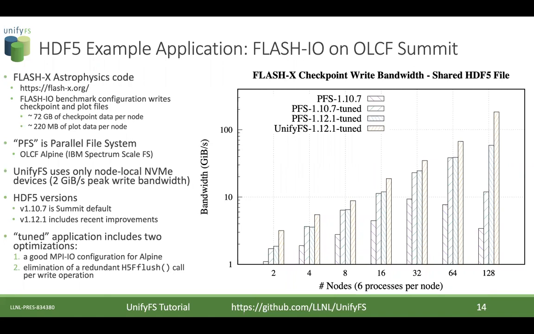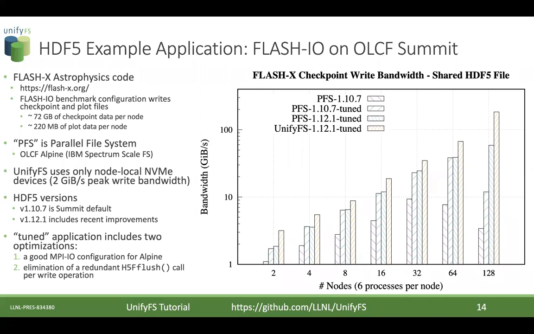And here, we're actually showing an evolution of a performance study we've done. We actually started this study on the FlashX astrophysics code over a year ago, before the last ECP annual meeting. And so FlashX has an I/O benchmark configuration called FlashIO that we're using. And in that configuration, basically it aligns the compute part of the application and just does the I/O.